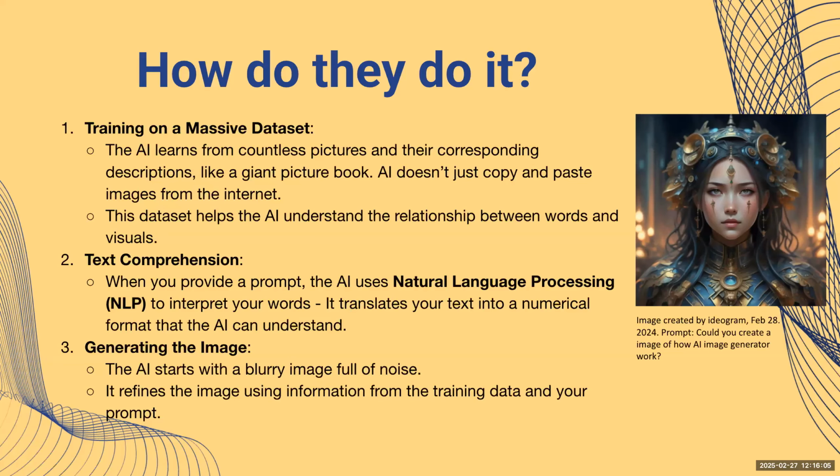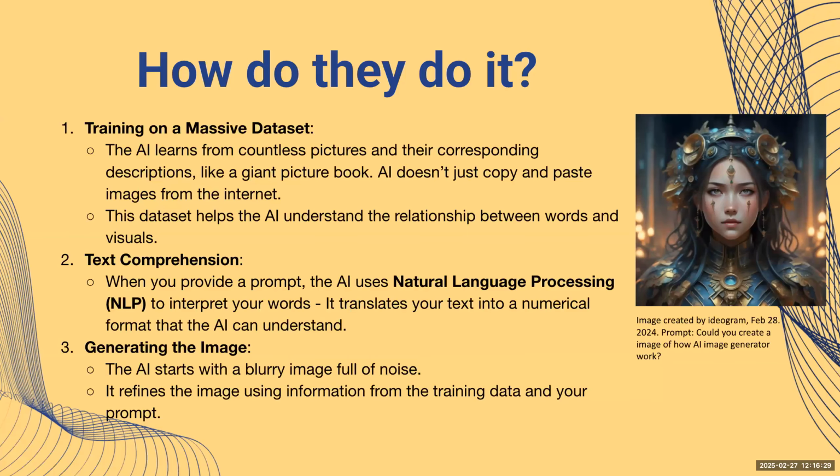Basically, the database helps the AI understand the relationship between words and visuals. Once you input your prompt, the AI uses a process called natural language processing to interpret your words, so it translates your text into numbers that an AI can understand.